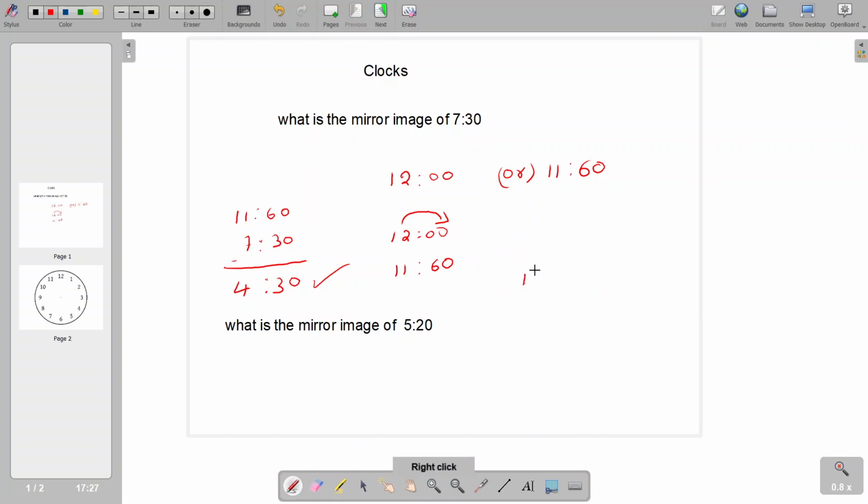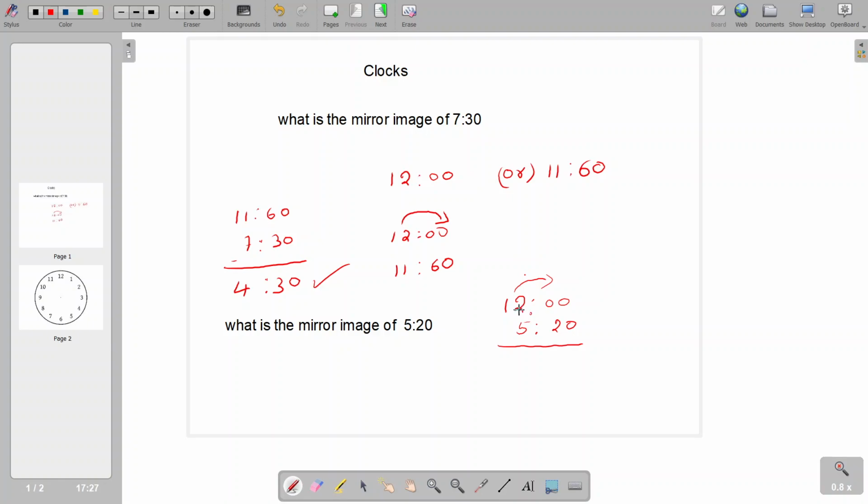If I subtract from 12:00, here we have 00, here we have 20. From 0, 20 we cannot subtract, so we need to take a borrow from here.